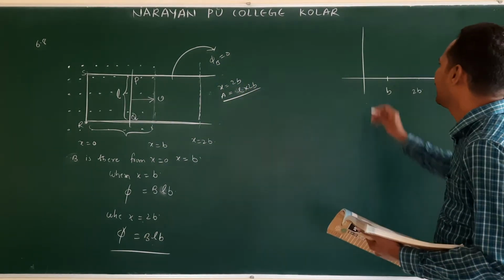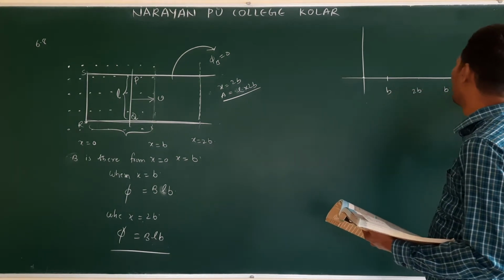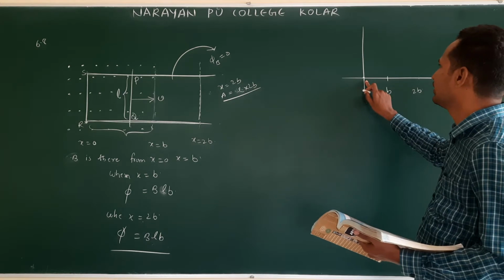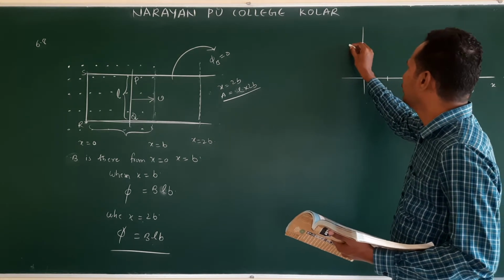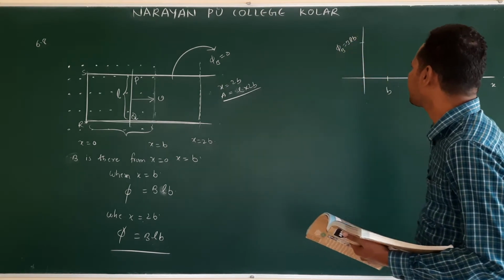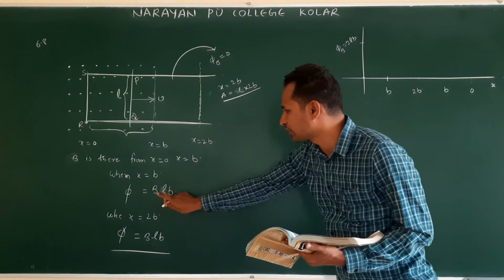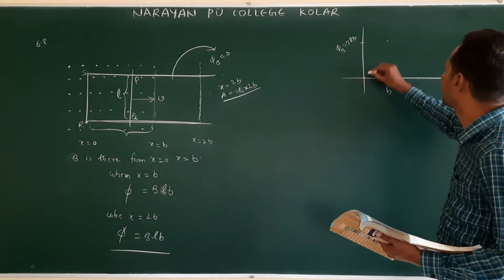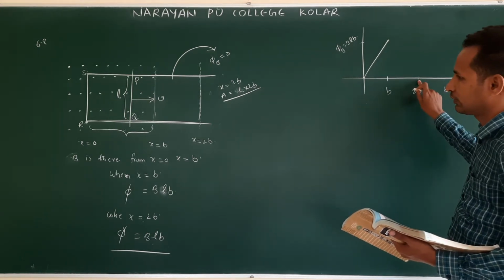Now what will happen at x is equal to 0? These are all the x axis. When x is equal to 0, what is the flux? It is 0. So here you take phi, this is BLb. When x is equal to b, what is the flux? BLb. So here it increased up to 2b.